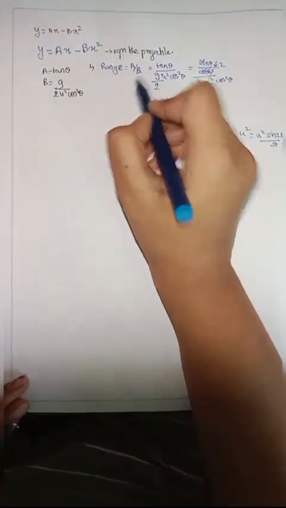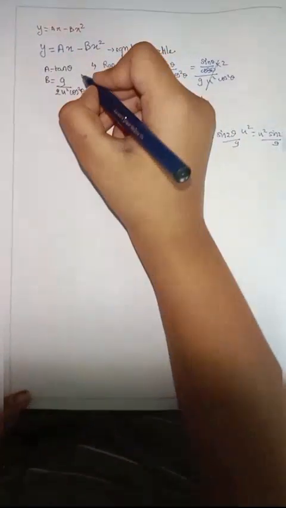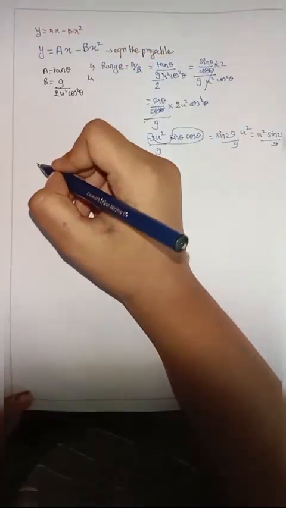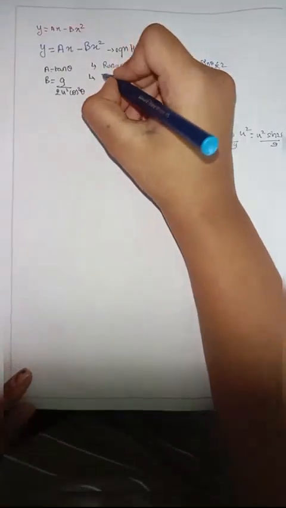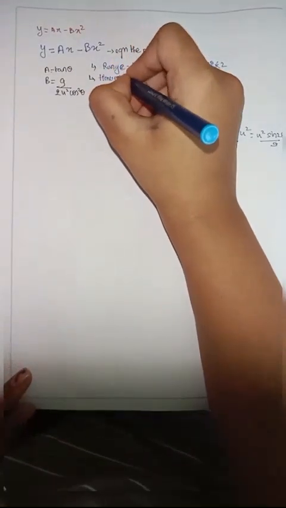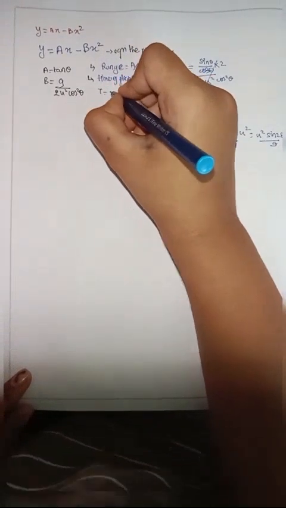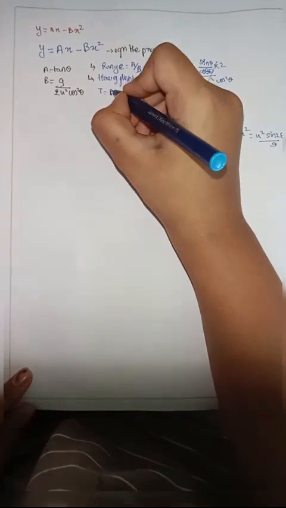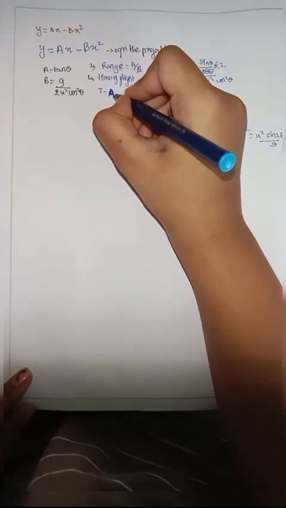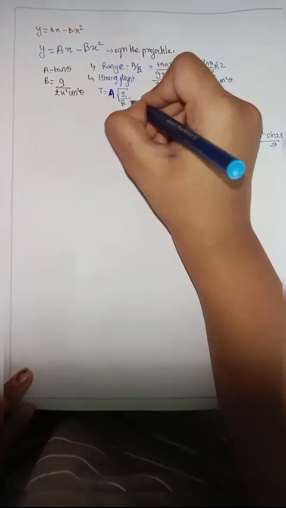Simply we can say that it is a by b. Easy, na? Another concept we are going to say is time of flight. Simply we can represent t as a into the square root of 2 divided by bg.